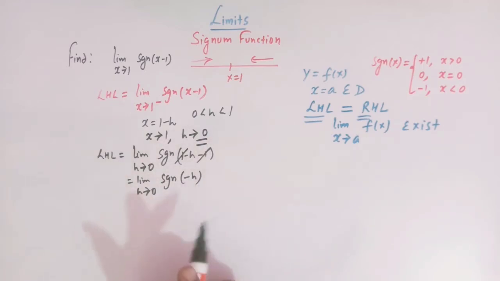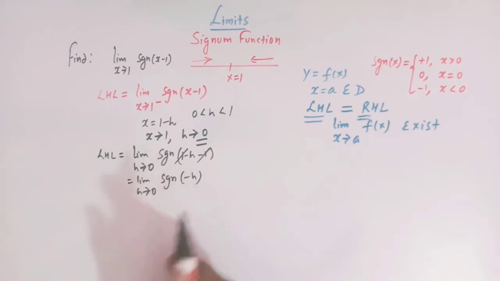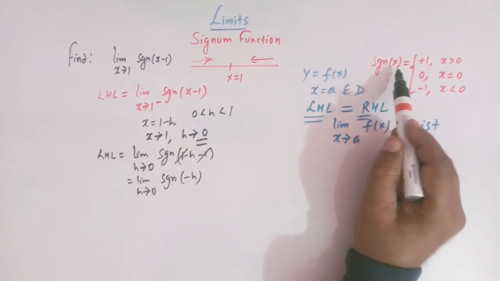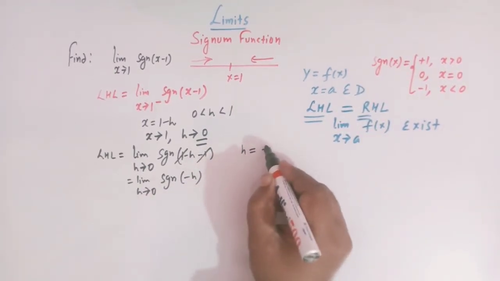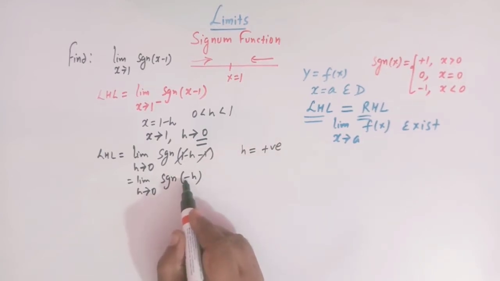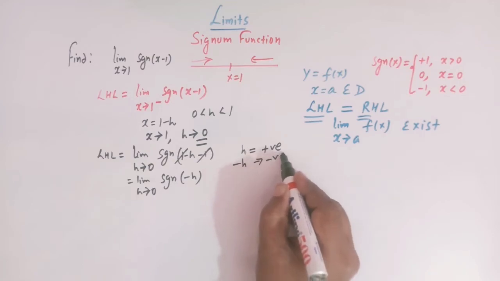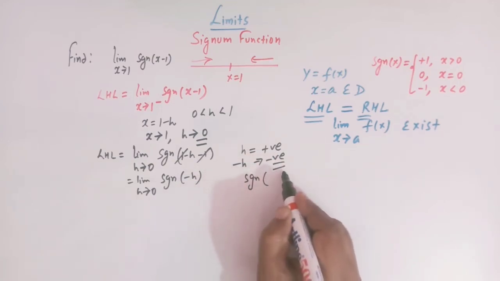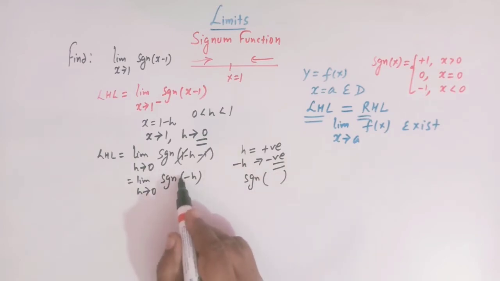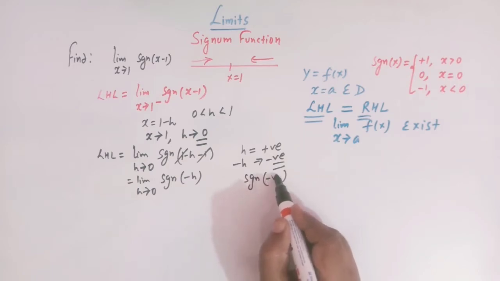Now here we cannot directly substitute h is equal to 0, right? So here comes the role of the definition of signum function. See, h is a positive quantity, and here we have minus h. So minus h is a negative quantity, and whenever we have any negative quantity inside this bracket, then we have signum of a negative quantity.